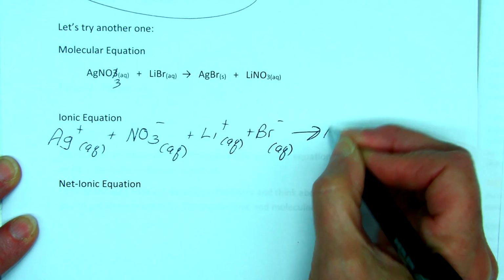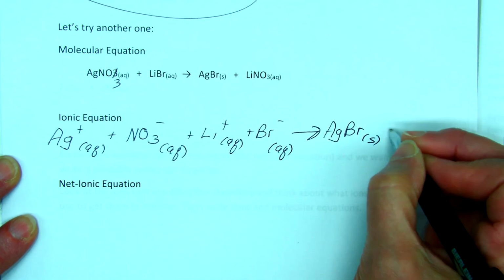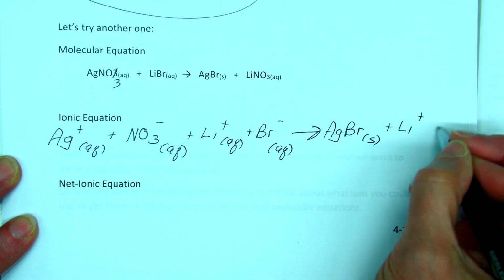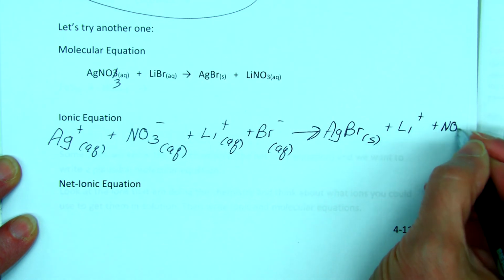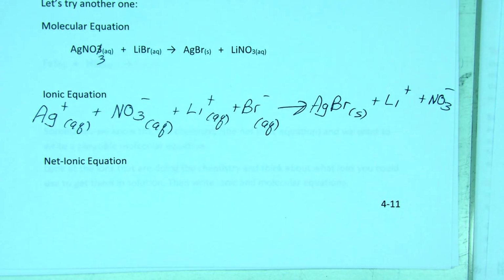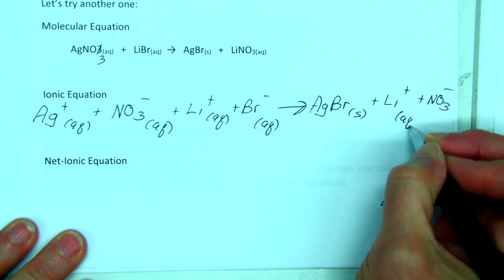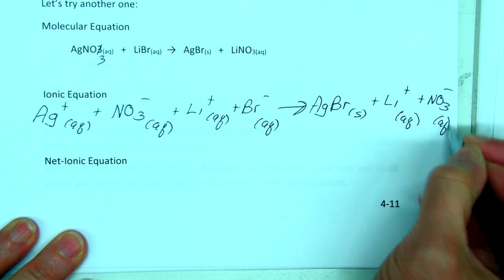Now, silver bromide stays as a solid because it hooked up and it's sitting on the bottom of the beaker, plus lithium ions, plus nitrate ions. Now, I go back and put in all my subscripts. So, lithium ions are floating around in the beaker. They're aqueous. So is the nitrate.